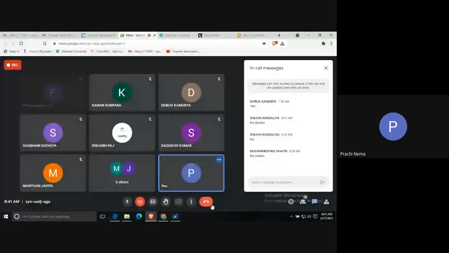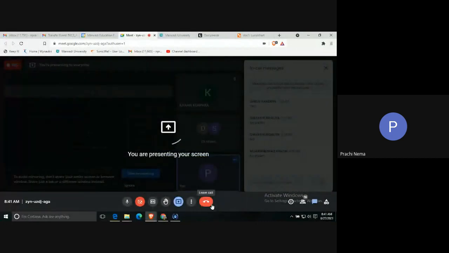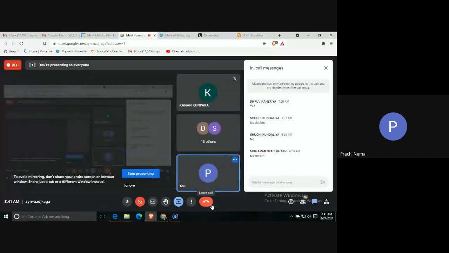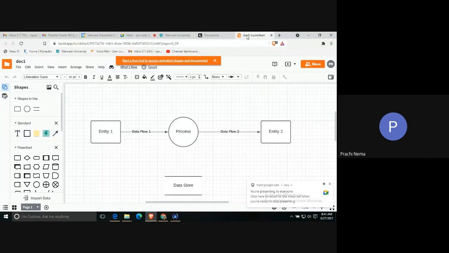Screen visible, I think. See, this is how Lucidchart looks. You can register for free.